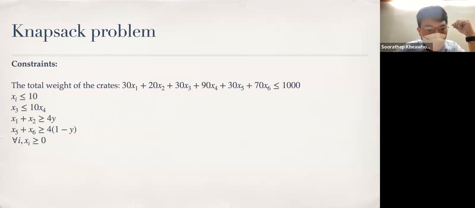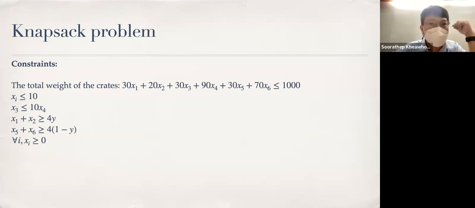Now the constraints. The first simplest one is the total weight, because the total weight is 1,000 kilograms. It's very easy.